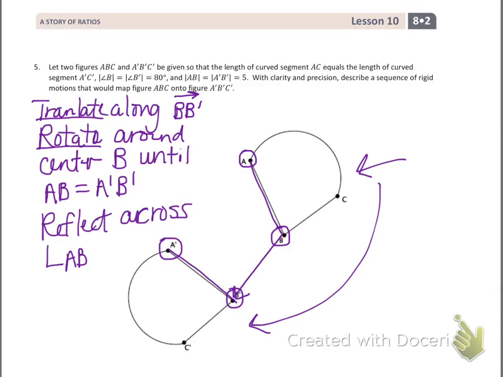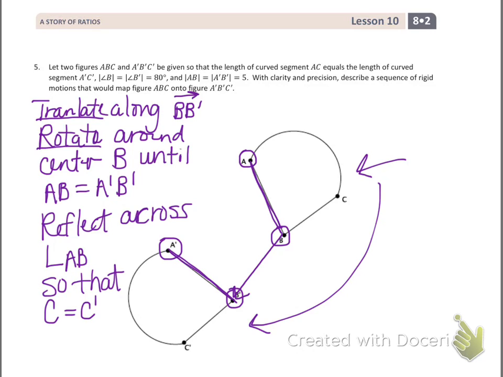They're the same length, and they're the same line now. They're mapped together. And so I want to reflect across line AB, so that C corresponds or coincides with C prime.